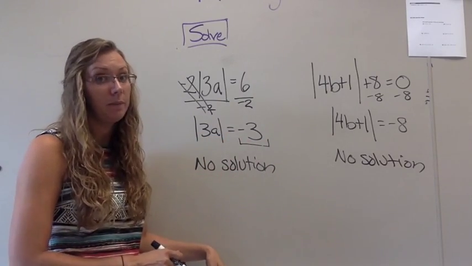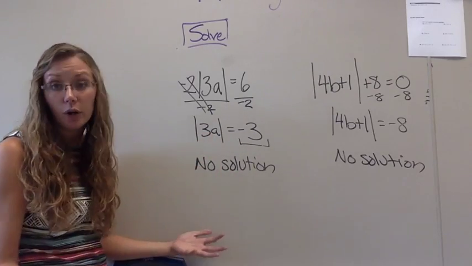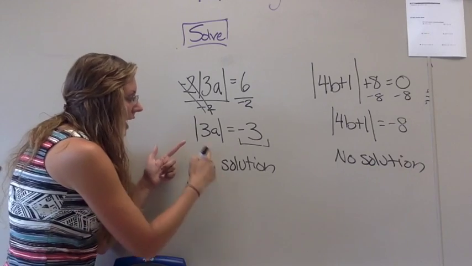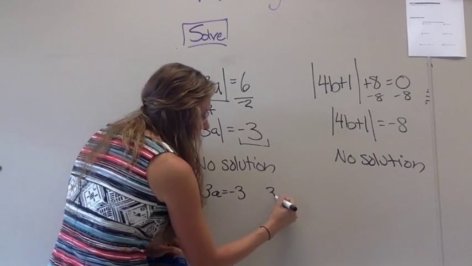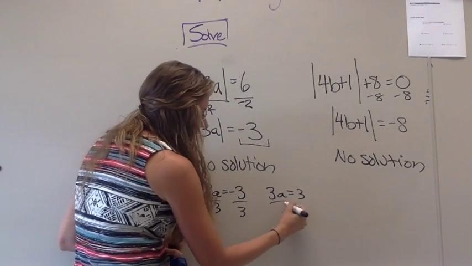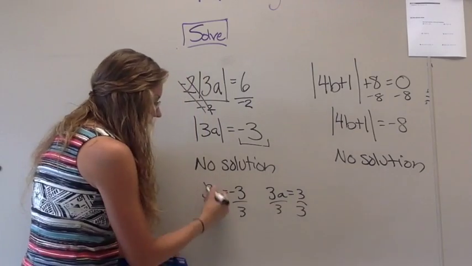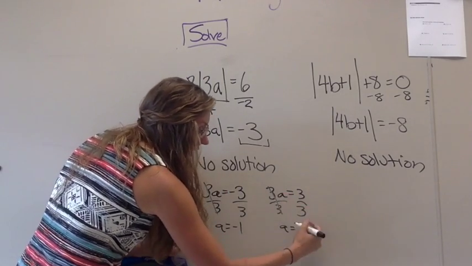Save yourself some time. Now, if you did split it, let's just kind of walk through this and see what could happen. Say I have 3a equals negative 3, 3a could equal 3. Divide by 3, divide by 3, divide by 3. Okay, I have a equals negative 1, and a equals positive 1.